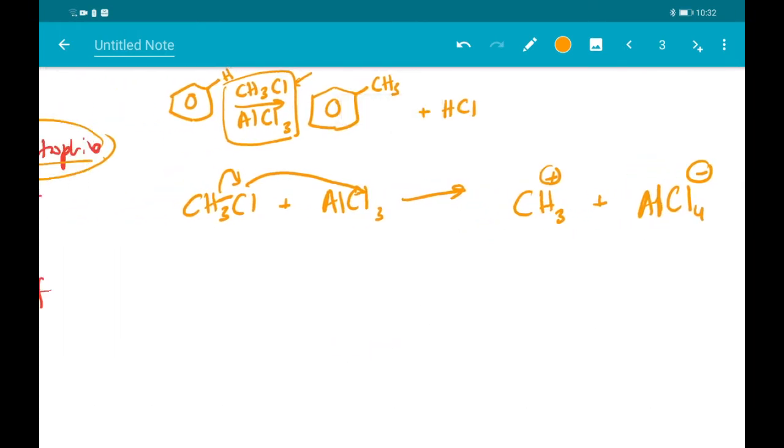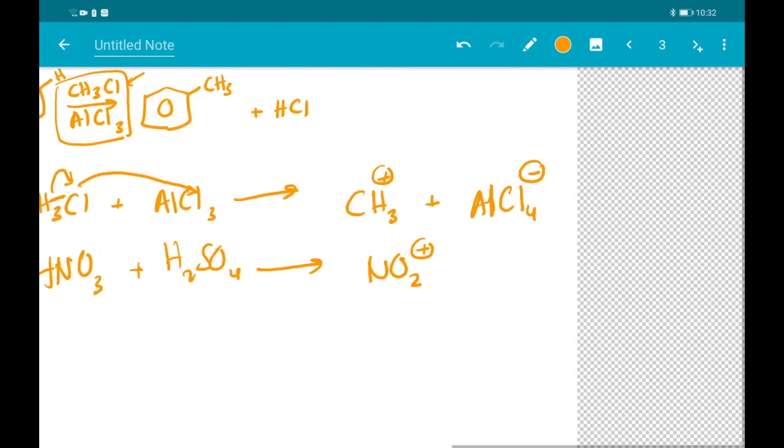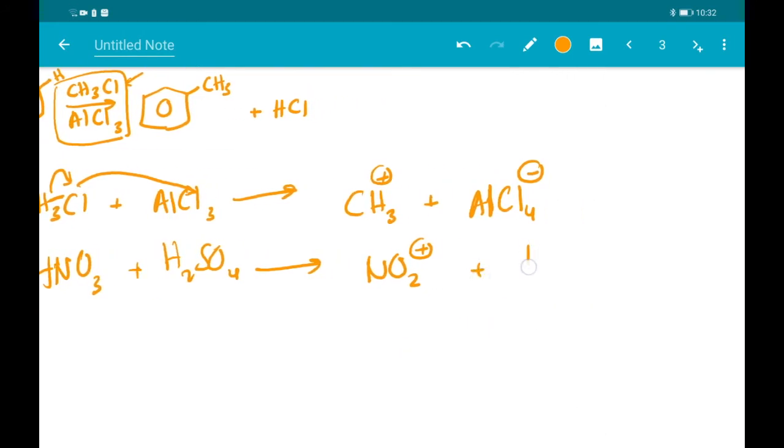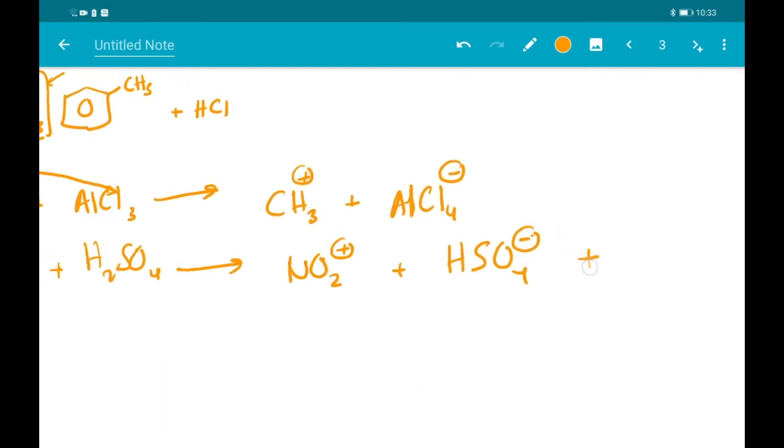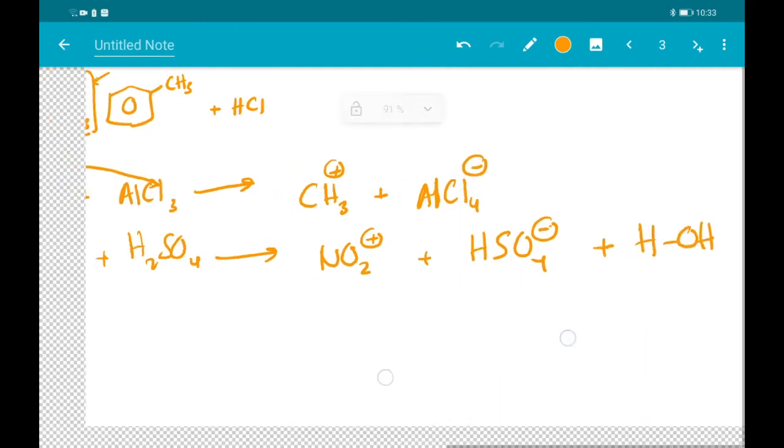In another example, if we are dealing with nitration, the reagent will be nitric acid and the catalyst will be sulfuric acid. The addition of these two produces NO2 plus as the electrophile, and the side product will be HSO4 minus as the nucleophile, negatively charged, and the other one will be water molecules.